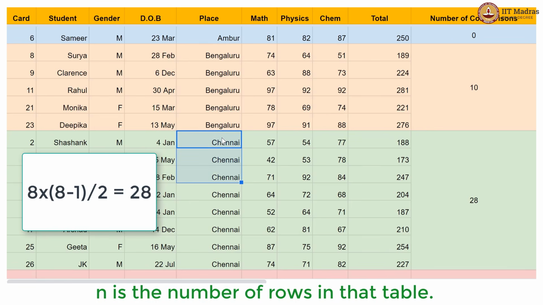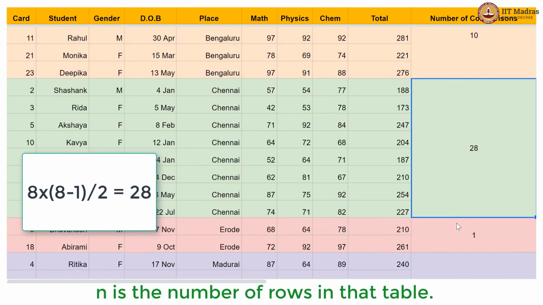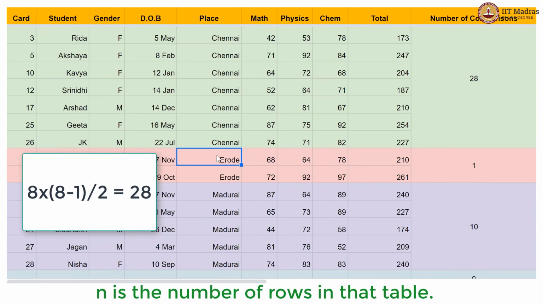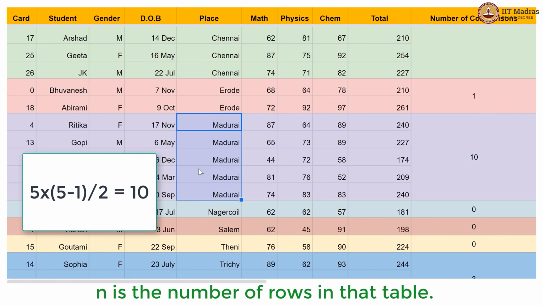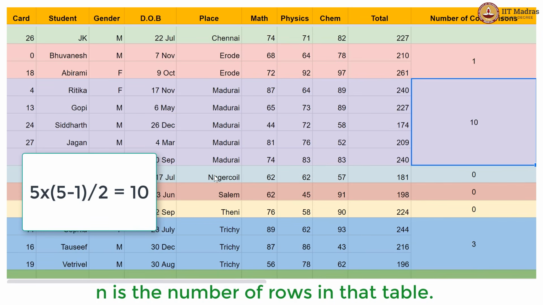Chennai has 8 rows, so 8 into 7 by 2, which is 28. And Erode has 2, so 2 into 1 by 2, which is 1. Madurai has 5, so 5 into 4 by 2, which is 10 again.